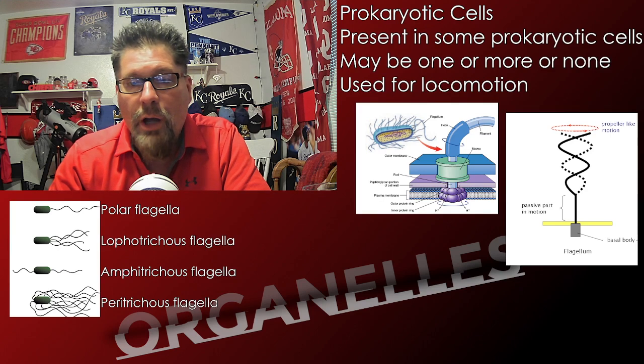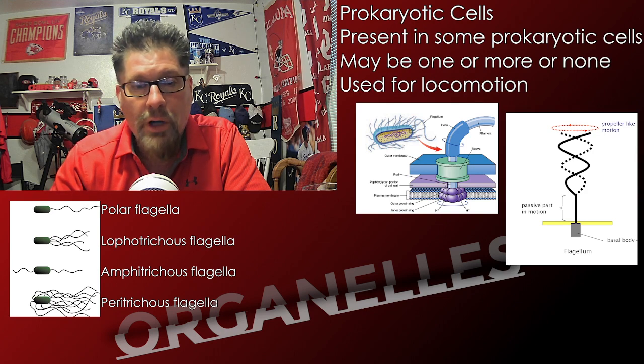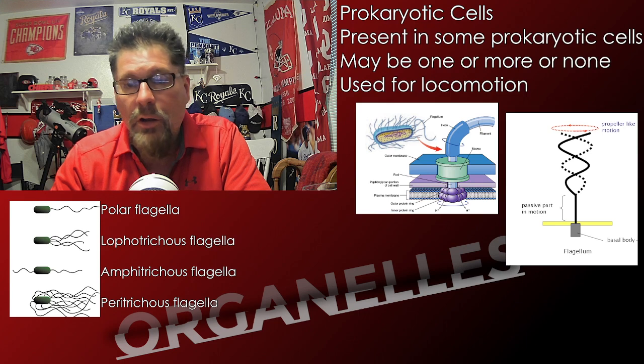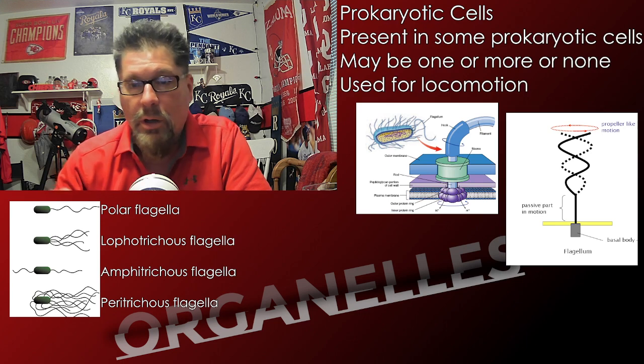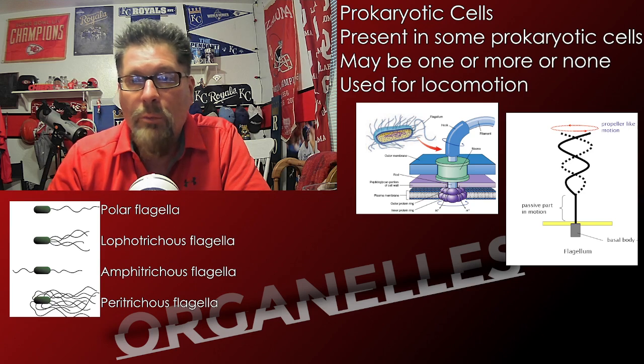So if you have multiples, you can not only turn to direct yourself in a particular direction, you can go in that direction at the same time. So it just gives them a lot more mobility, the more flagella that they have.